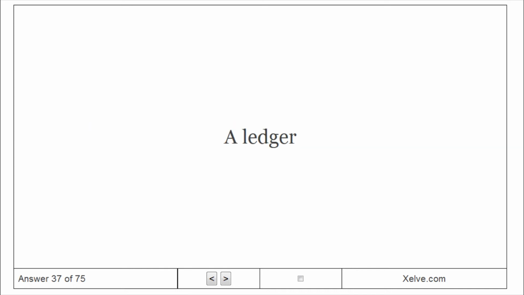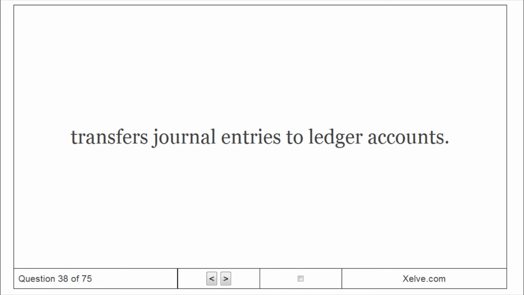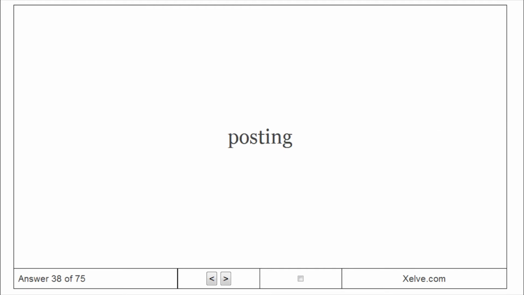Posting transfers journal entries to ledger accounts.